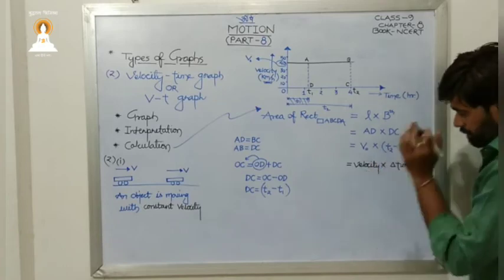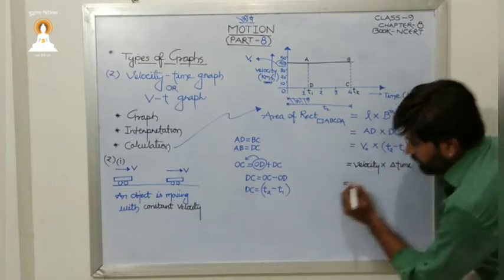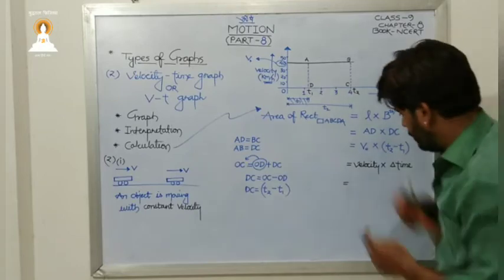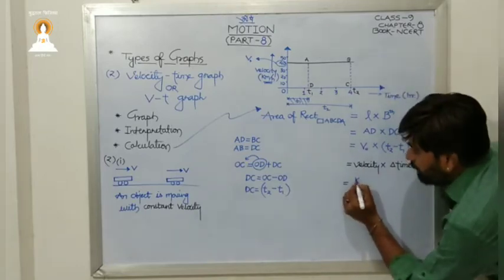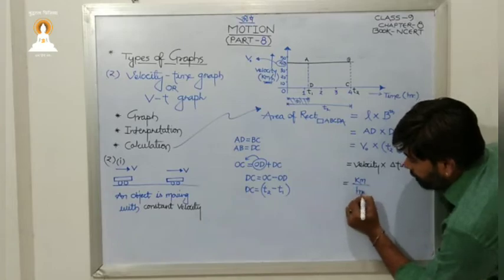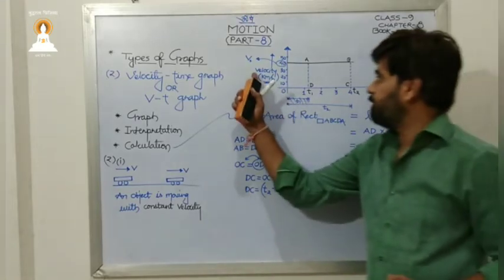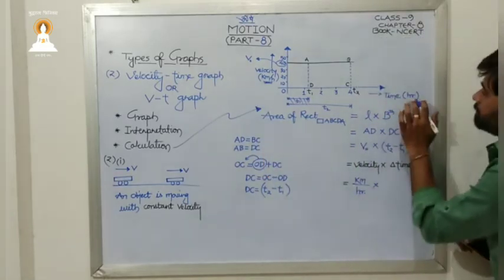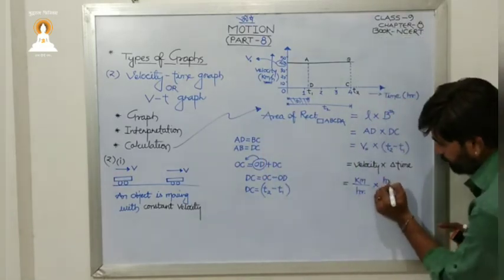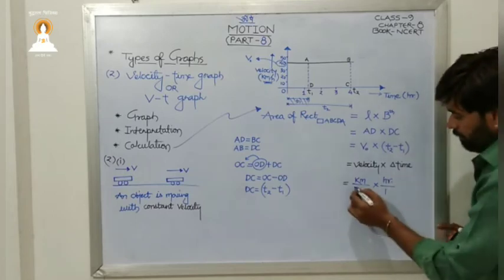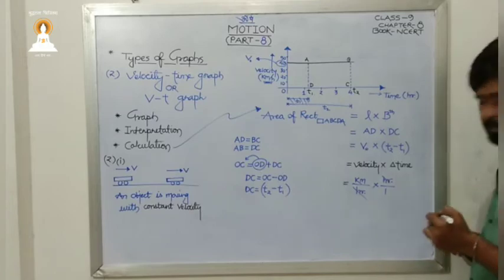Ultimately what? Now see, the unit of velocity, as we know, is meter per second, or here the unit of velocity is kilometer per hour. Yes, from here velocity is kilometer per hour, and the unit of time is hour. So here it is hour divided by, nothing is there, so 1 hour. We may cancel them out.